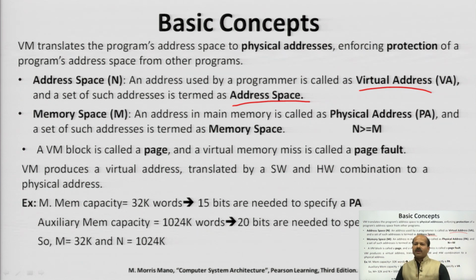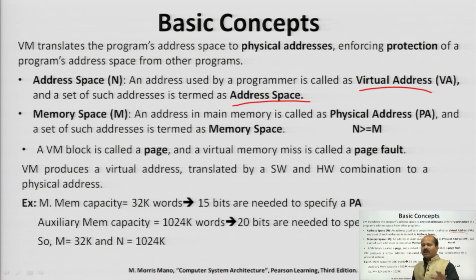And the memory space is nothing but the main memory area where the programs are stored which are currently needed by the processor, or the programs from which the processor directly fetches the data or instruction from main memory.